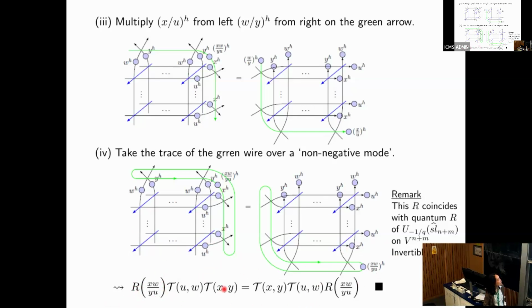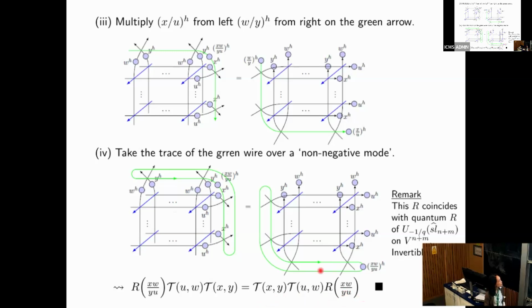T_XY means the layer monodromy matrix in back, and this T_UW is the layer monodromy matrix in front with spectral parameters at the boundary, and this R denotes this green part. Then in the right-hand side, we have a similar structure, but the order is opposite.